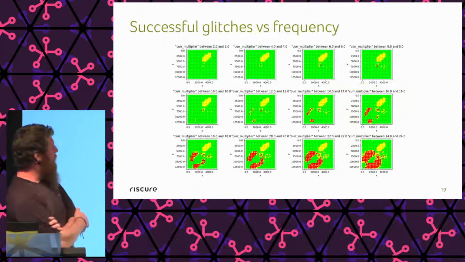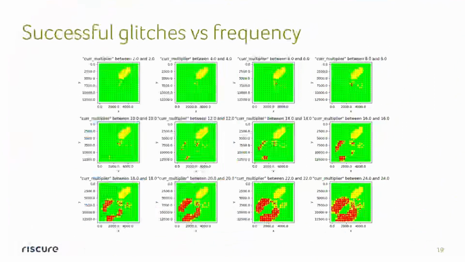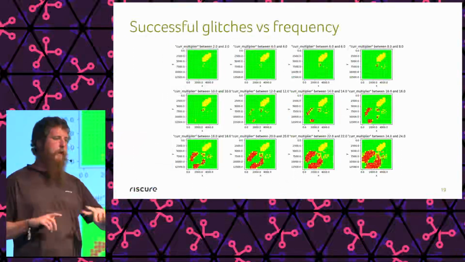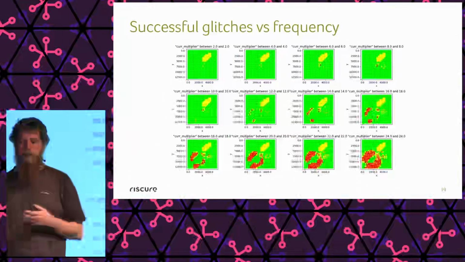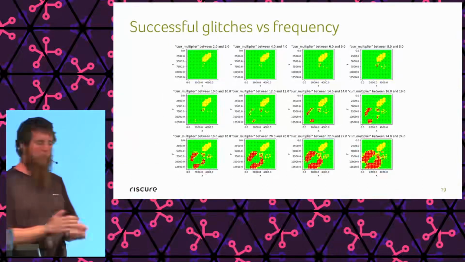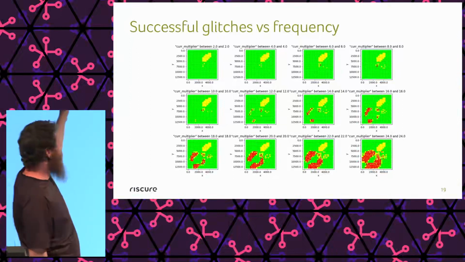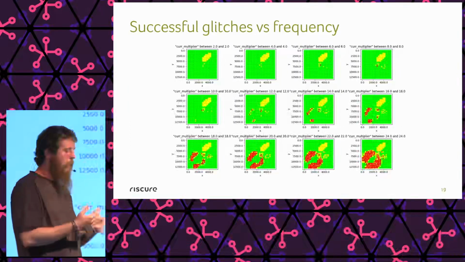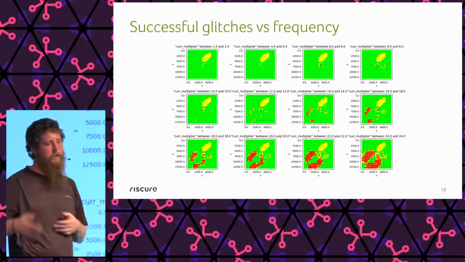And here what we're looking at is similar to the previous picture. It's just the results of each attempt overlaid on the chip body itself. I mentioned there's a number of different parameters we want to control: time, space, power, etc. One of the things we were interested to look at is how the operating frequency of the underlying chip affects the ability to have successful glitches on it. So what we're looking at on the top left is the current multiplier, which is basically an extra step in telling the chip how fast to run.